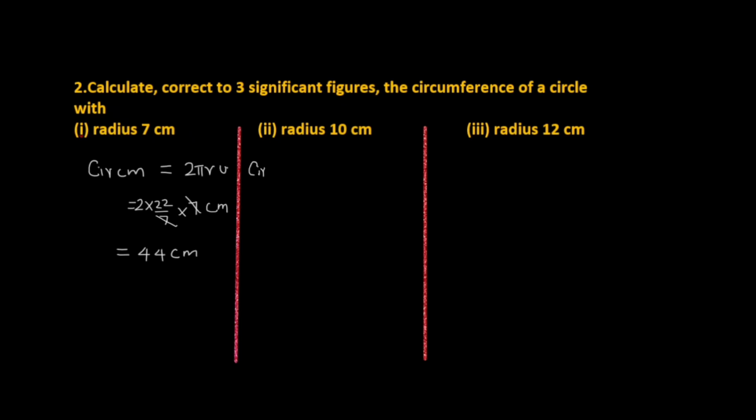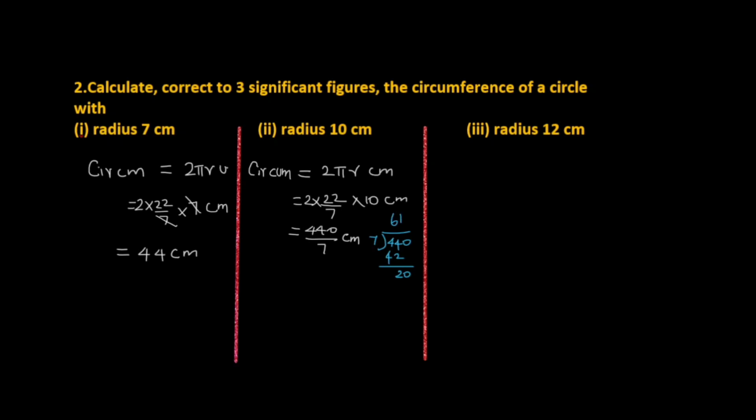When radius is 10 centimeter, circumference of circle is 2 pi r centimeter. 2 into 22 by 7 into 10 centimeters. So 440 by 7 centimeters. When we are dividing this, we will be getting 440 by 7. 7 6s are 42.